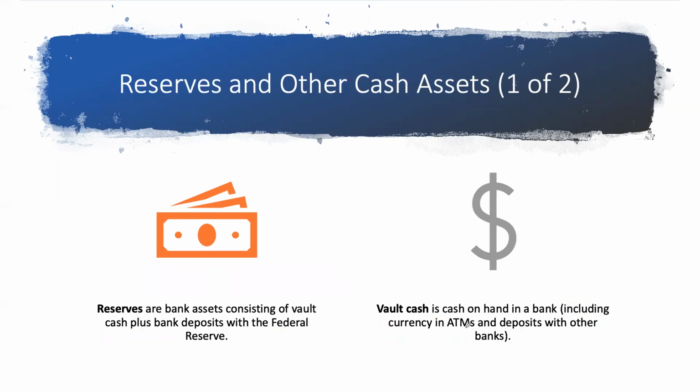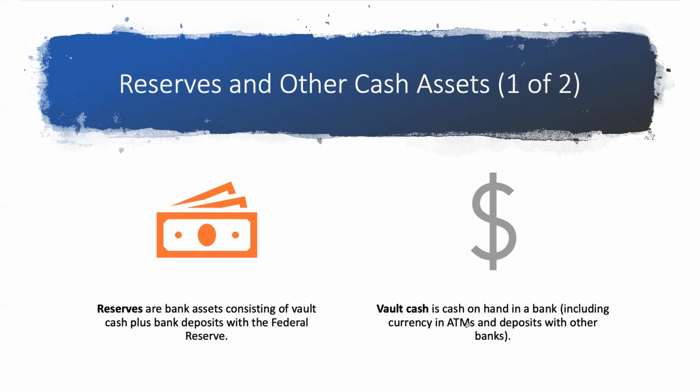So the first key asset is obviously reserves and vault cash, anything in order of liquidity. So we'll start with anything which is held in the form of cash. Vault cash, as the name suggests, is literally cash sitting in the bank vaults in the form of currency, plus any bank deposits that the bank has with the Federal Reserve. So the Federal Reserve is a bank to the banks.